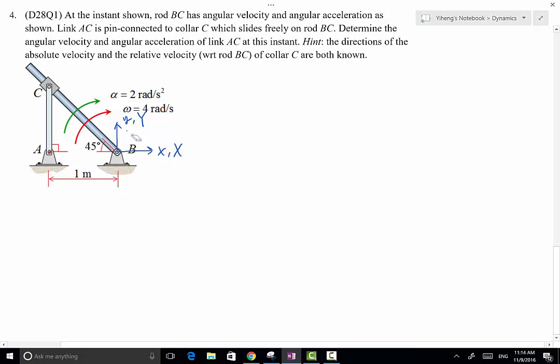So now let's write down several known parameters. For example, we already know that the velocity of point C has to be in this direction. Therefore, written in vector form, Vc as a vector equals the magnitude Vc times i.